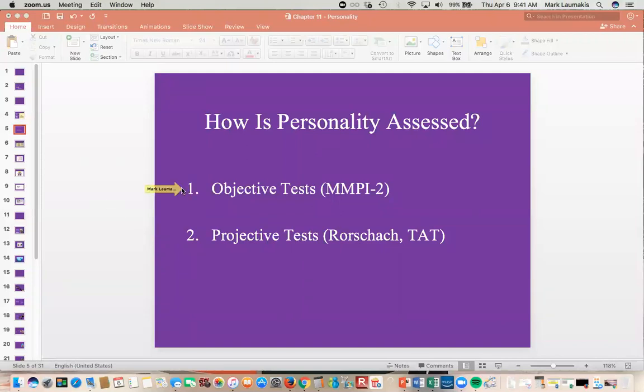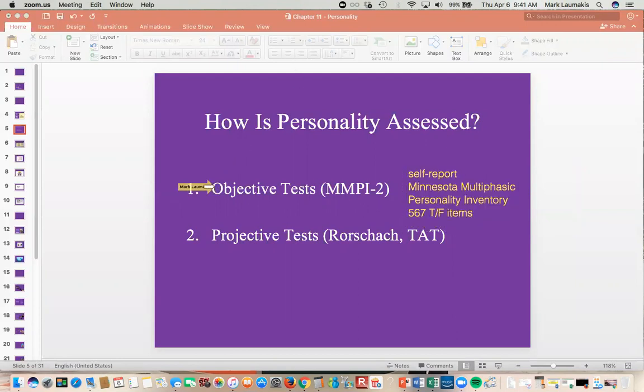Well, objective tests are those that involve asking you to tell me something about yourself. So these are self-report measures where I ask you to describe different aspects of your personality. The MMPI-2 stands for the Minnesota Multiphasic Personality Inventory. And believe it or not, it consists of 567 true-false items, okay?